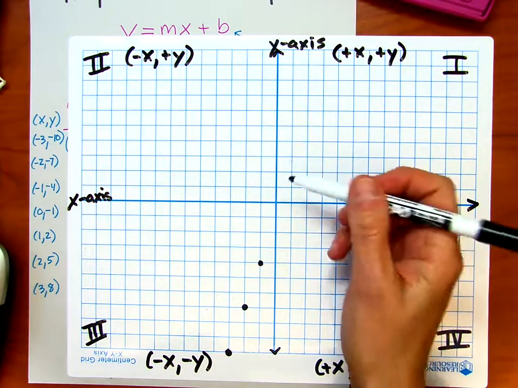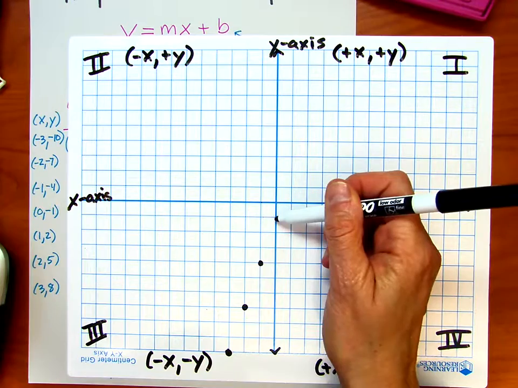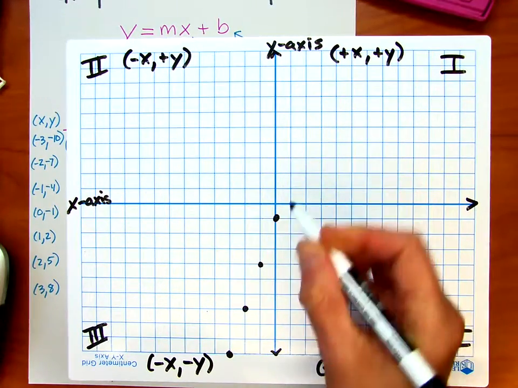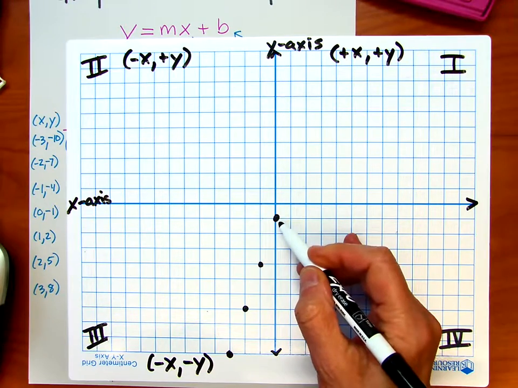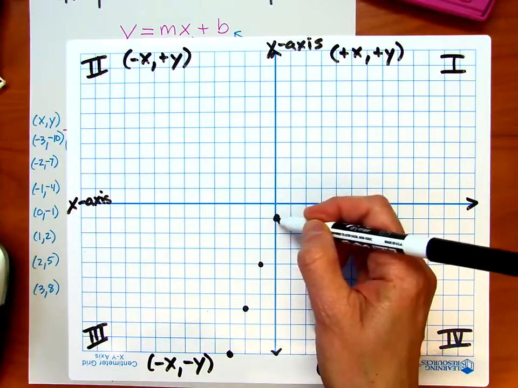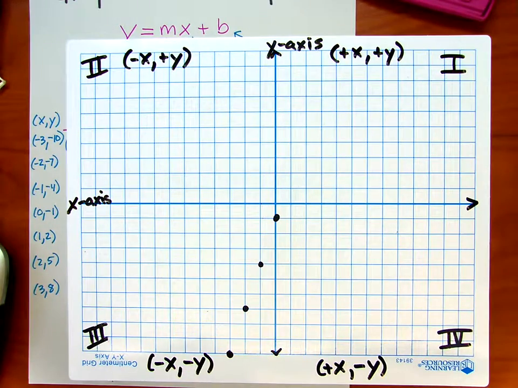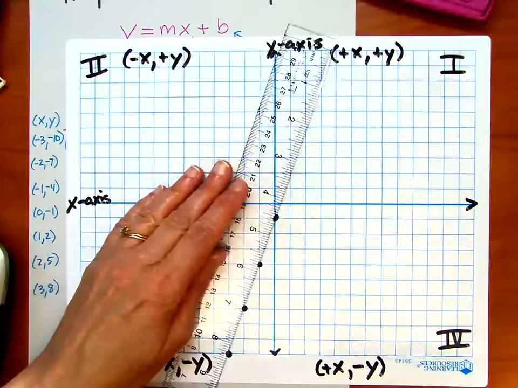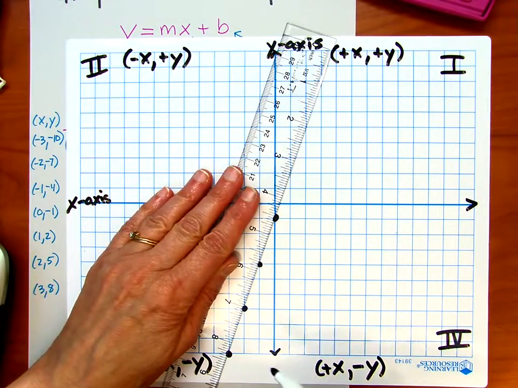So 0 is our x value, and then we're just going to go 1. And notice this one here is on the y-axis, and that's because our x is 0, and so we just have a number for our y-axis. I'm going to go ahead and draw a line and see if the other points actually make it on this one.